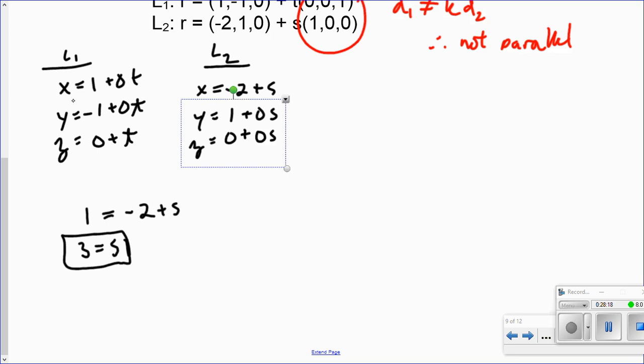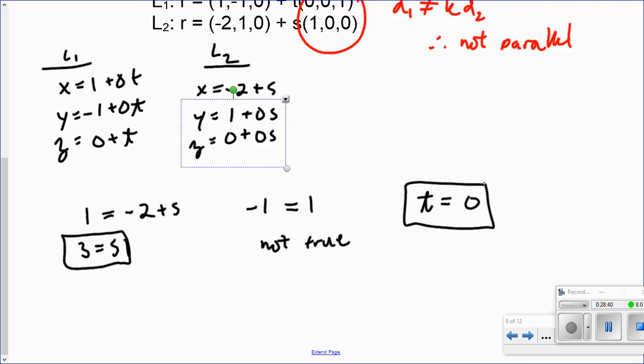y gives us negative 1 equals 1, which is not true. So we can't really go anywhere. There's no solution for that. And z gives us t equals 0. This situation is not a true system; it's a false statement, negative 1 equals 1.